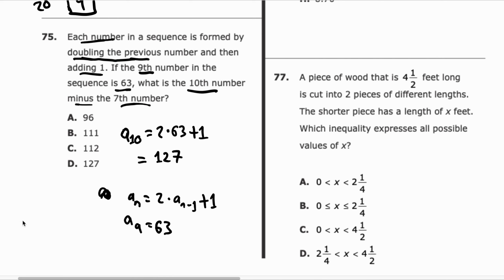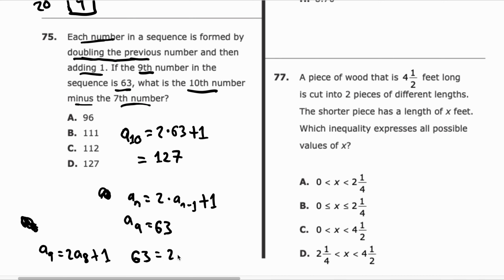So now we can work backwards to get our 7th number. So we know that A8, so let's plug in n is 9. So we know A9 is going to be 2 times A8 plus 1. And we know that A9 is just 63.